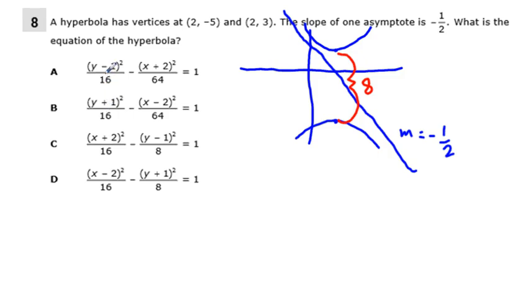And if we can tell between the two, our center is going to have to be at x minus 2, because that's how we get over to the right. So we're going to have x minus 2. That means we're going to cancel out these guys right here.